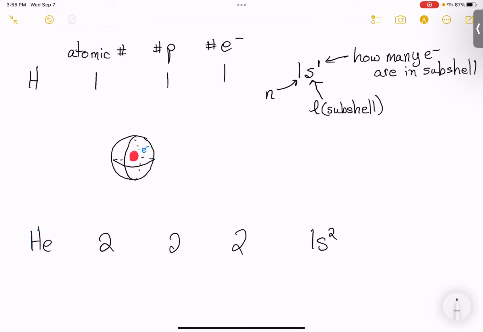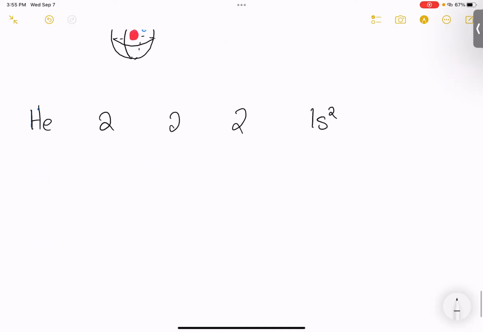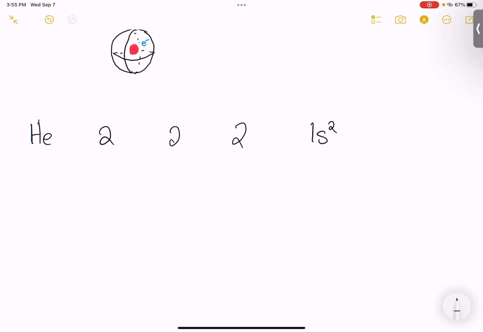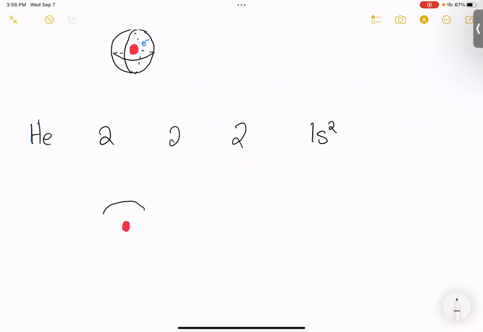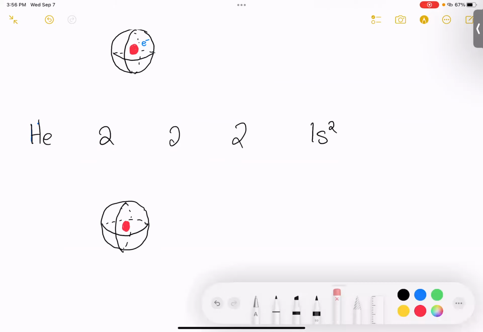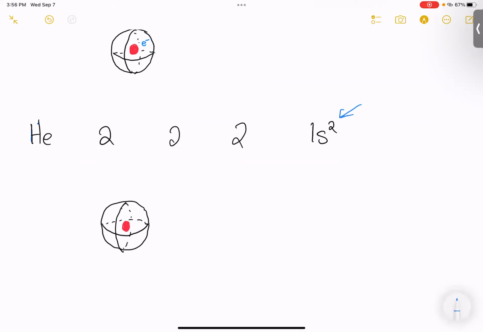So what that means is you have your nucleus, and in the first S away from the nucleus, S being spherical, you have two electrons. They're just somewhere in that sphere.